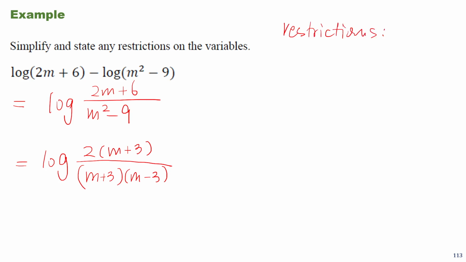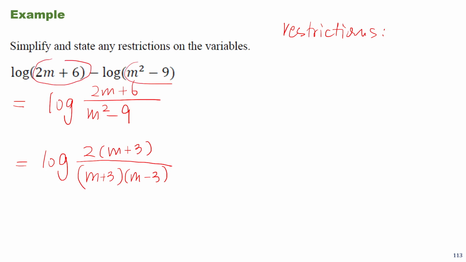If you have a number as an input of a logarithm, you need to ensure m plus 3 cannot be 0, and m minus 3 cannot be 0, which means m cannot be, oh sorry, I made a mistake here. The restrictions mean this is the input of a logarithm.